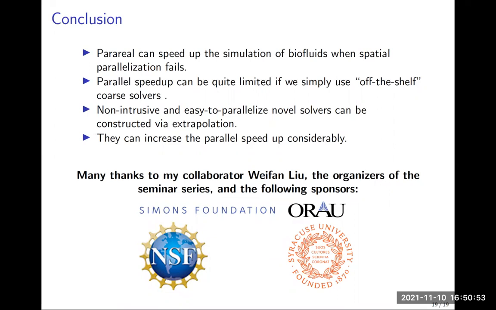For that reason, we developed a number of non-intrusive and easy to parallelize novel solvers that can be constructed via extrapolation. So they're really super easy to implement. Whatever solver you're using right now, you just take a linear combination of them. And we notice these novel solvers can help increase the parallel speedup of parareal considerably.